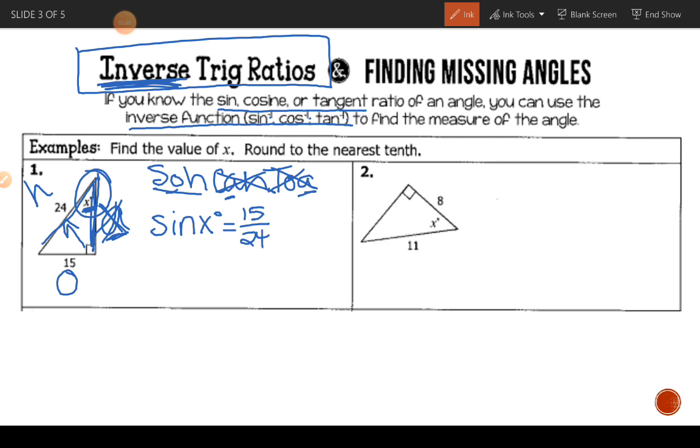Now this is a little bit different because we're not actually going to cross multiply in this situation, because what we're trying to do is solve for x. In essence, we're trying to get rid of that sine function. How do you get rid of a sine function? We're going to do the inverse sine function.